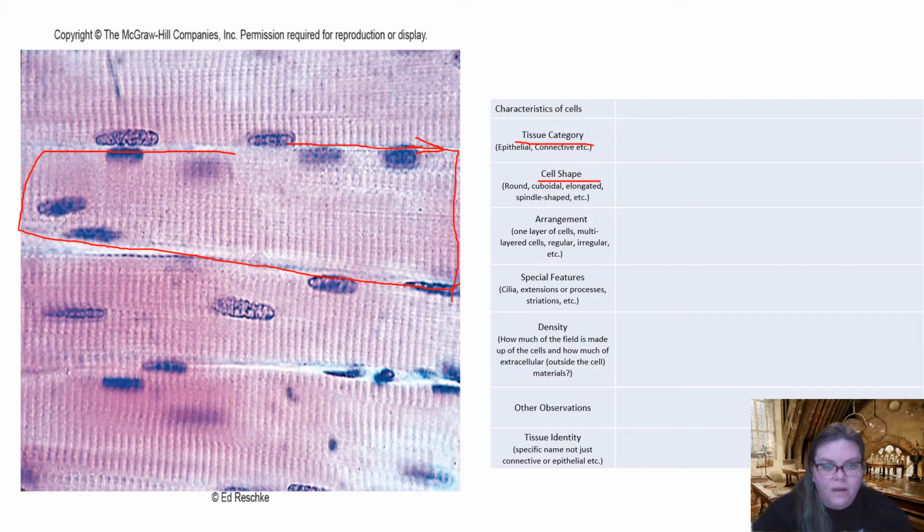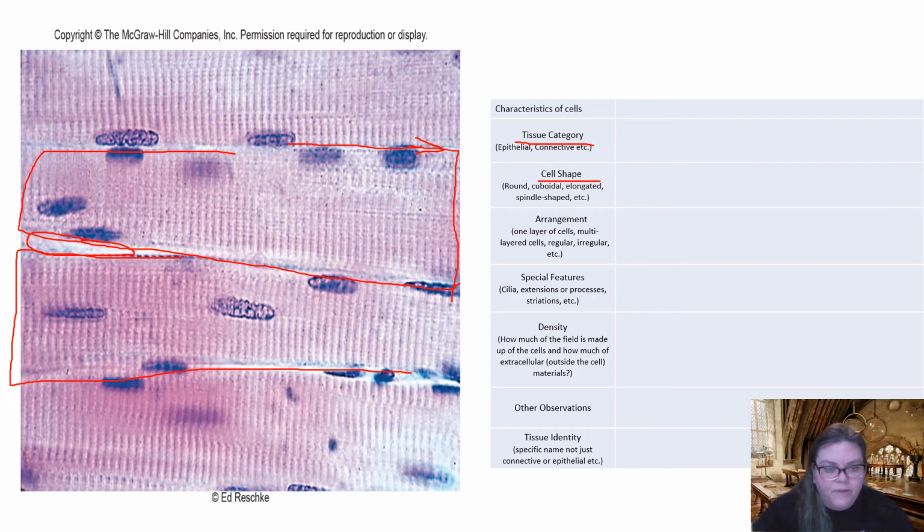Okay, arrangement. This is a multi-layered type of cell. It is very densely packed because you see there's not much in the way of lumen or open surfaces.